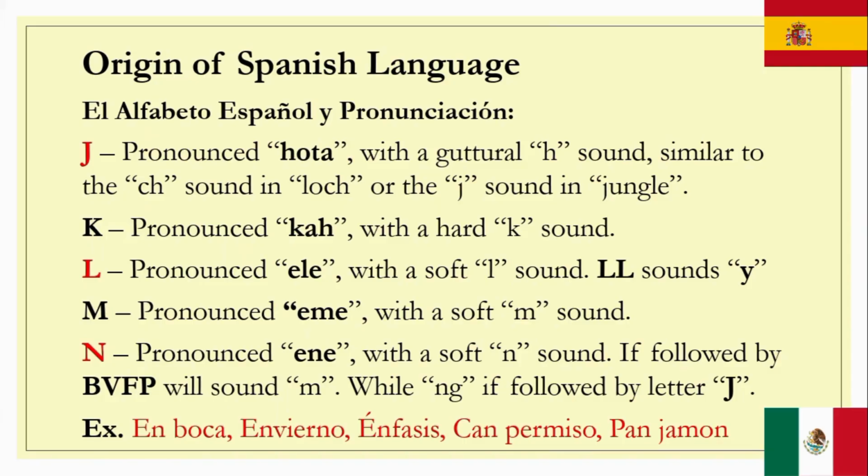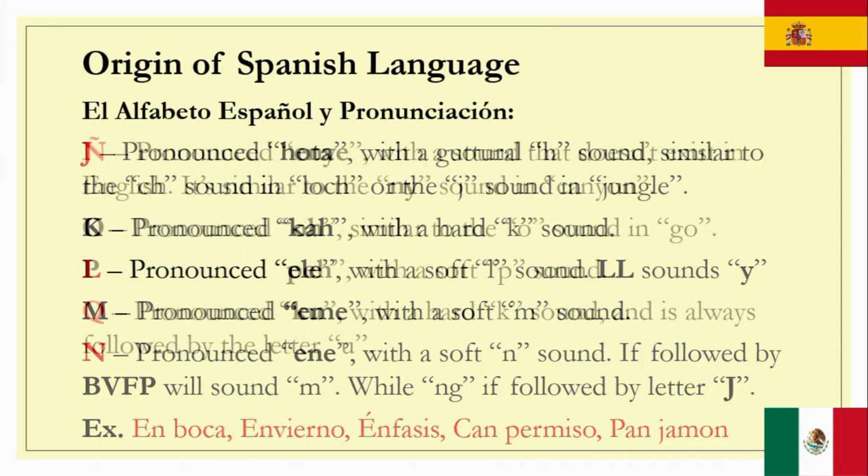Invierno, not inbierno, but imbierno. Emphasis. Campermiso. Panhamon. Because Spanish native speakers usually speak fast, and when they speak these kinds of words, it sounds like M, not N. So we're just following the rules.